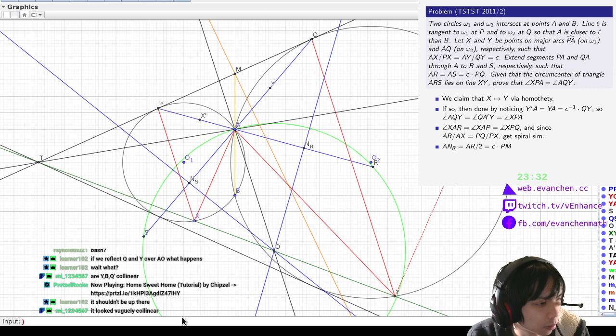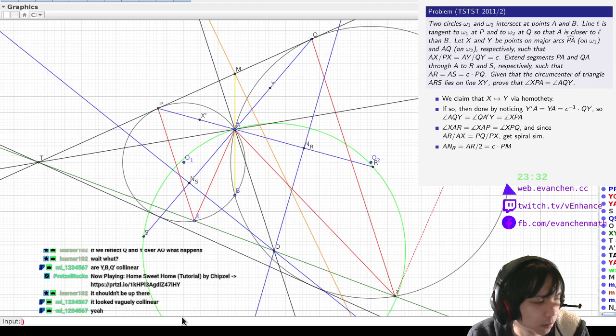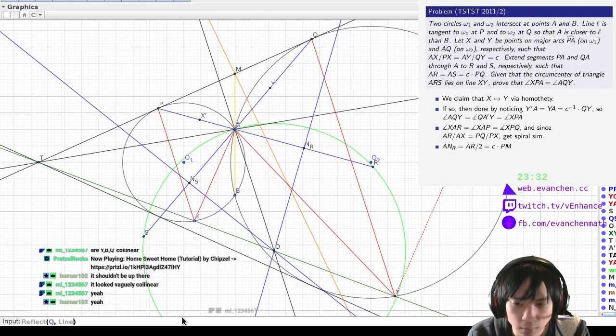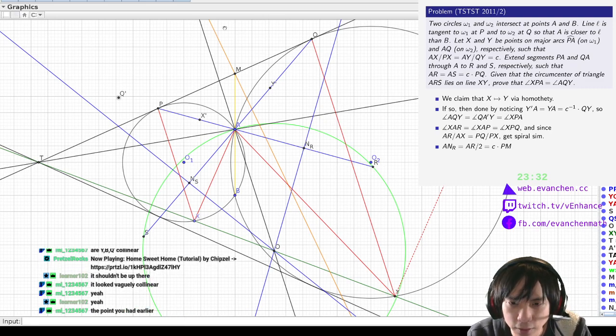What are you reflecting? Q over AO? I don't know why it's not up there. This is line AO. It looks like it's there. You want Y, B, Q prime collinear?